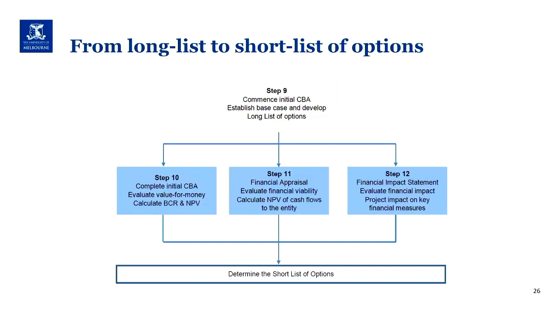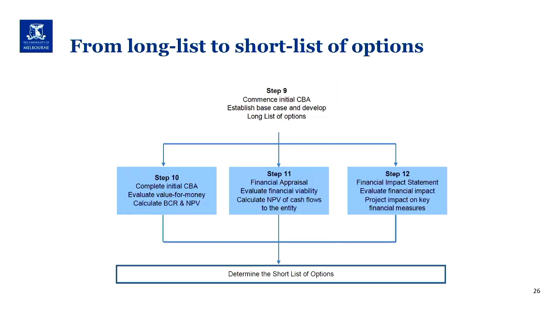The difference between the financial appraisal and the financial impact assessment is that the financial appraisal covers the costs and revenues, the cash flow of the project, and the financial impact assessment includes the comparison between the different options.